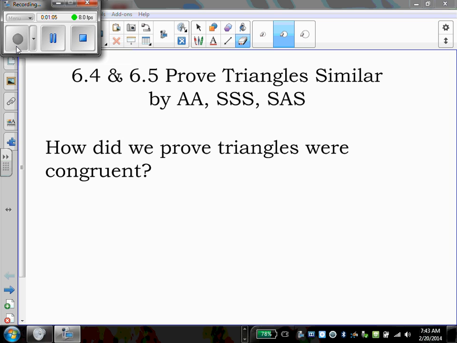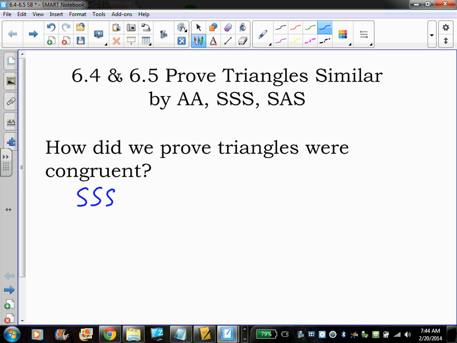How did we prove that triangles were congruent? Well, this happened a little bit earlier in the year, but the way that we did it was we first said that to show that two triangles are congruent, we need to know that all of the angles and all of the sides are congruent. But that didn't last very long. We moved on, and we then said, well, we don't really need to show everything, but if we know that all the sides are the same in the triangles, then we can say that they are congruent.